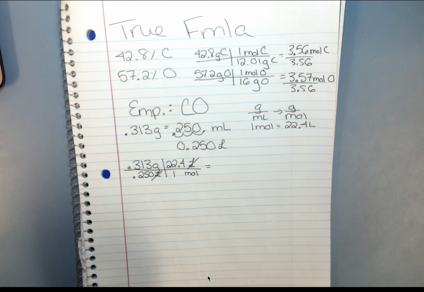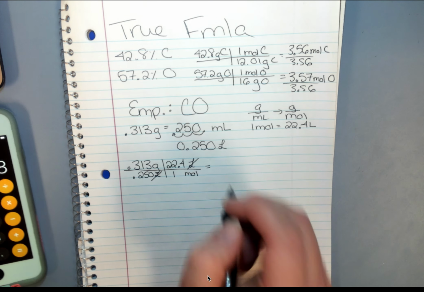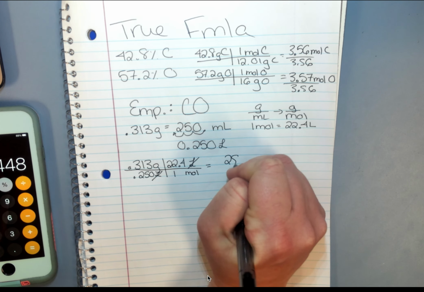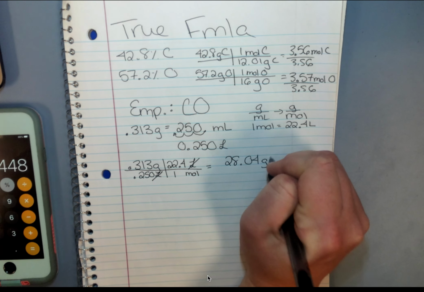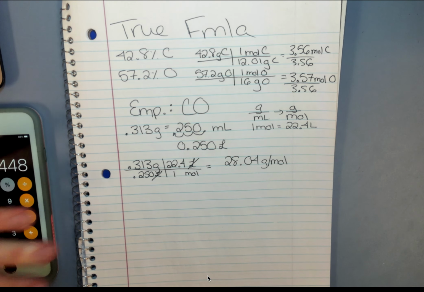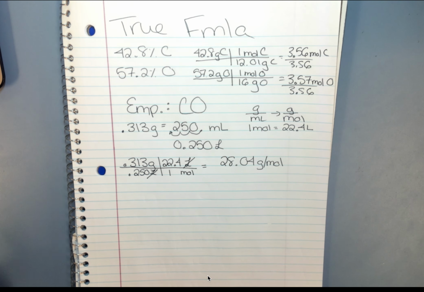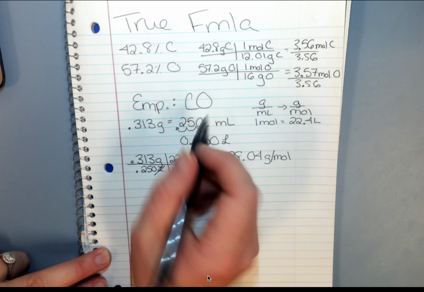So I do my 0.313 divided by 0.25 times 22.4 to find that the actual mass for this compound is 28.04 grams per mole. So now I'm trying to figure out what my actual formula is. I'm going to find the mass of my empirical.